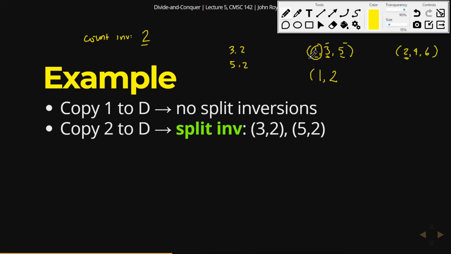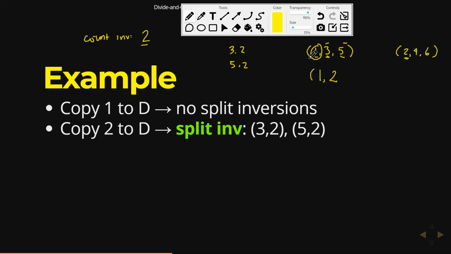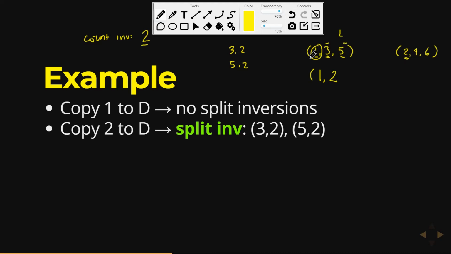So this is the left array, this is the right array. If we copy something from the right array, that means there are split inversions being uncovered because there are still items left in the left array. The number of items involved in the split inversions is exactly the number of items left in the left array.